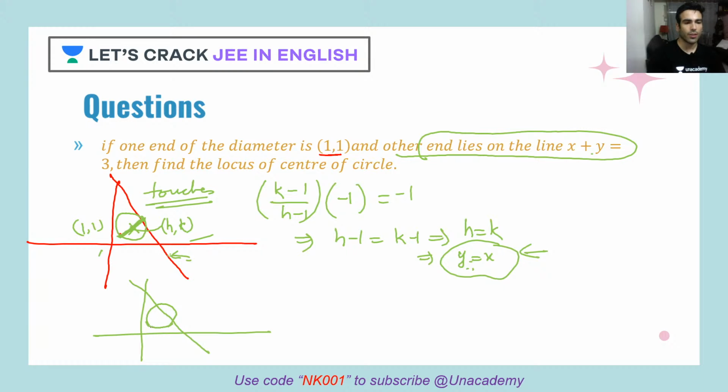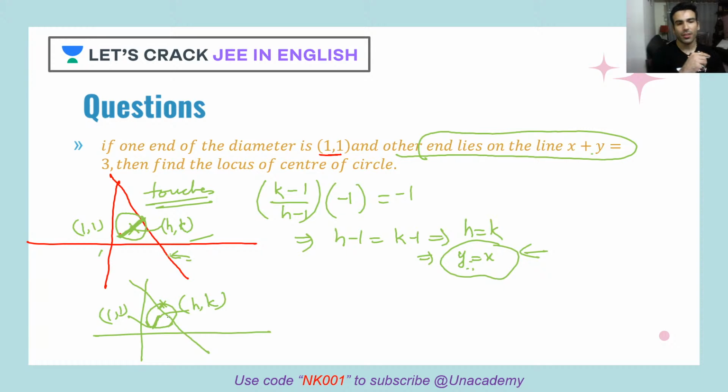Let's say 1 comma 1 is one end of the diameter and this is your h comma k. Now it says the other point of the diameter lies on this line. Now we have to use the condition in a manner that we get the locus.